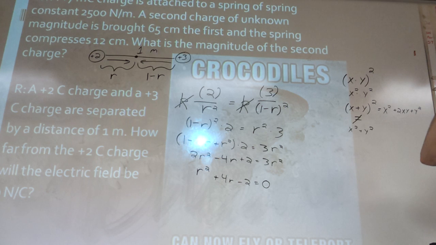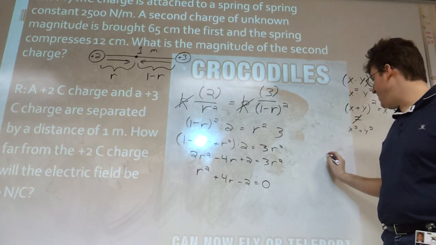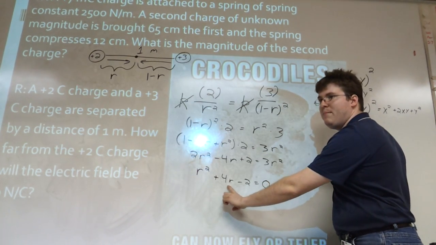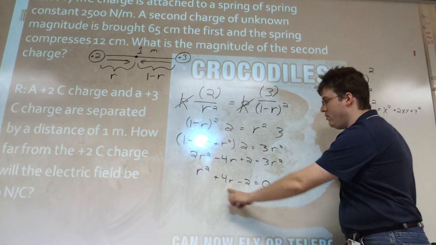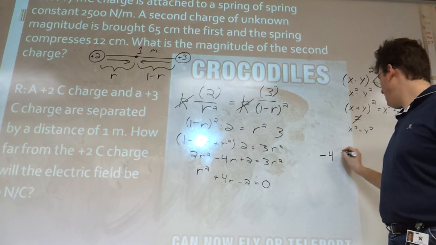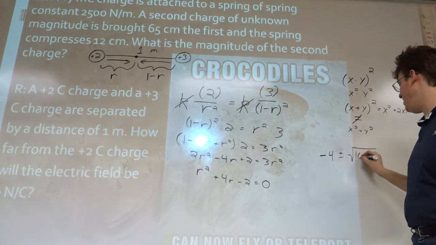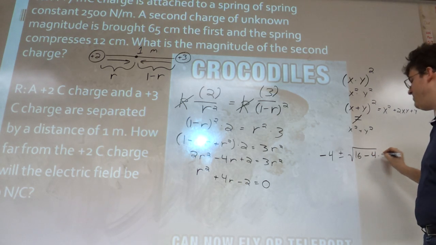Opposite b plus or minus the square root of b squared minus 4ac all divided by 2a. You got that? Opposite b, okay? Take whatever is multiplied by the one variable, minus 4. Plus or minus the square root of 4 squared, 16, minus 4 times a.